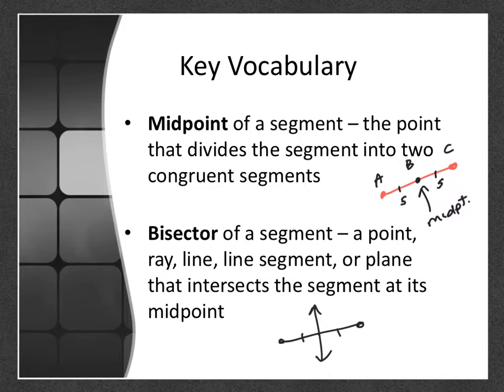Because can you bisect a line? Nope. Why not? There's no middle, it doesn't end, right? Does that make sense? Can you bisect a plane? Nope, doesn't end. Can you bisect a ray? No, right? Half of it ends, but the other half doesn't. Okay, the only thing you can bisect is a segment. Does that make sense? Yes? Okay, but a bisector can be a point, a line, or a plane, or a line segment, or a ray, anything of that.